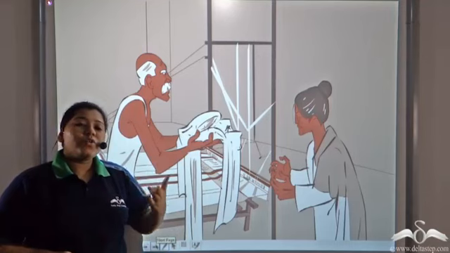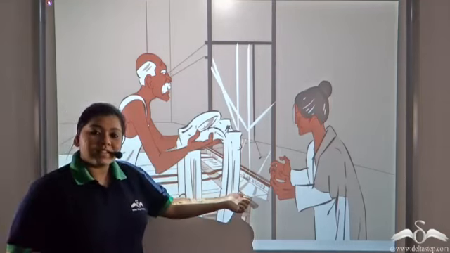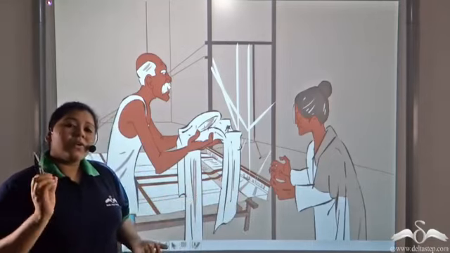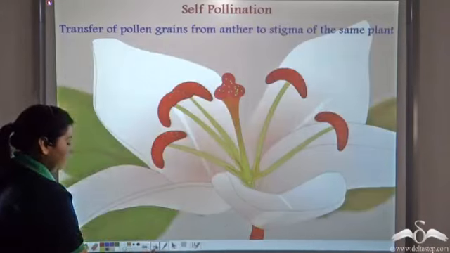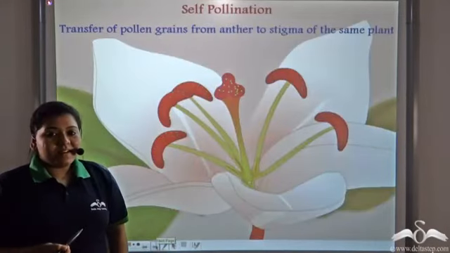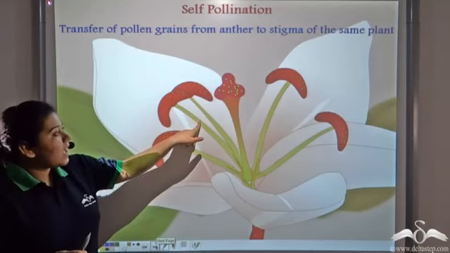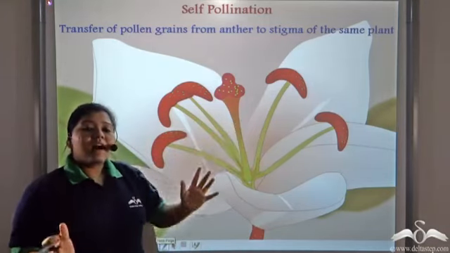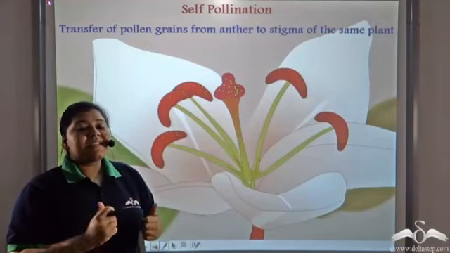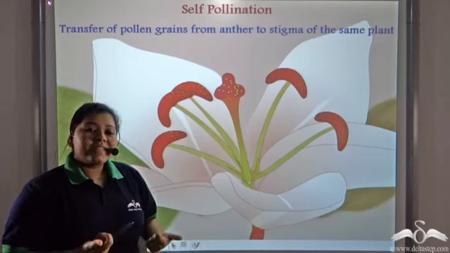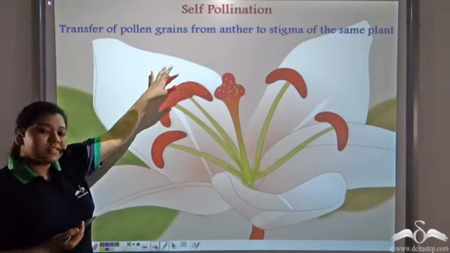Well, there are two possibilities. Either he would hand transfer it, or he could also throw it to the woman. Similarly, in flowers where both the male and the female parts are close together, the transfer takes place internally, and this process is known as self-pollination.